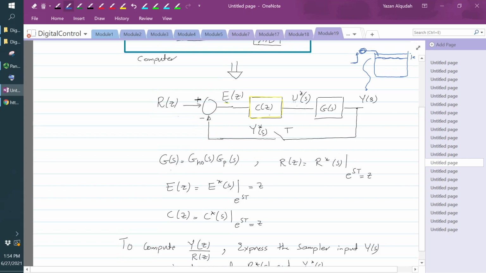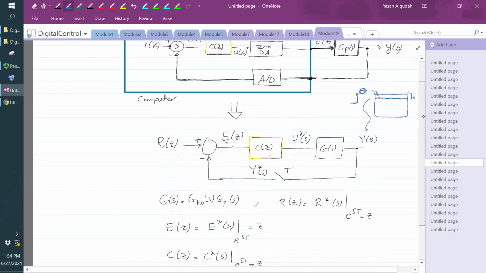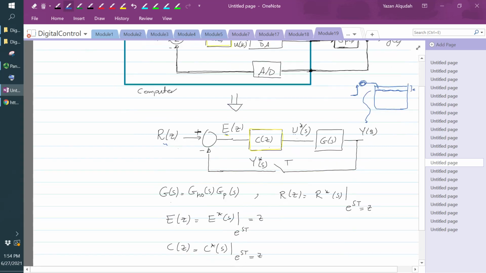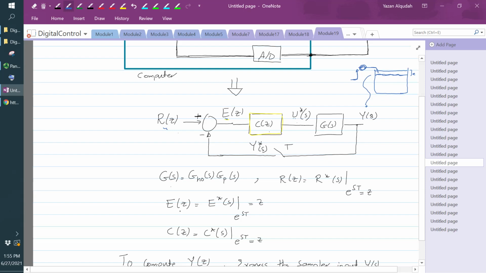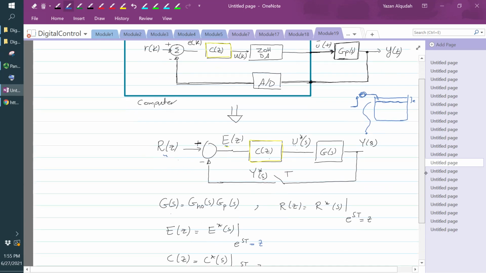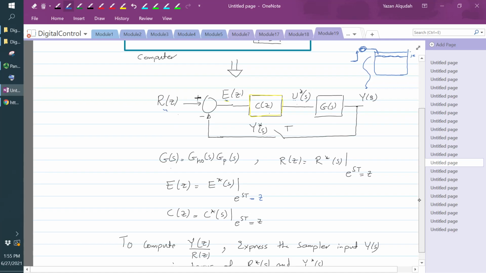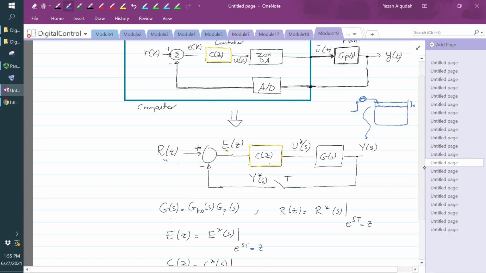R of Z is given in terms of Z, so I can get R star of S by just replacing e to the ST with Z. The error signal E of Z is going to equal E star, again replacing e to the ST with Z.